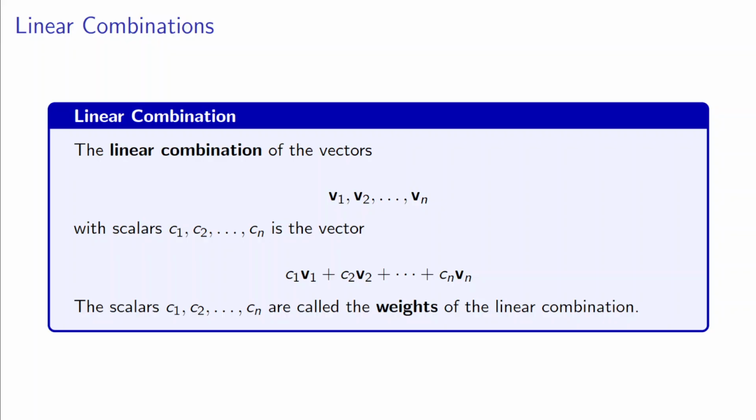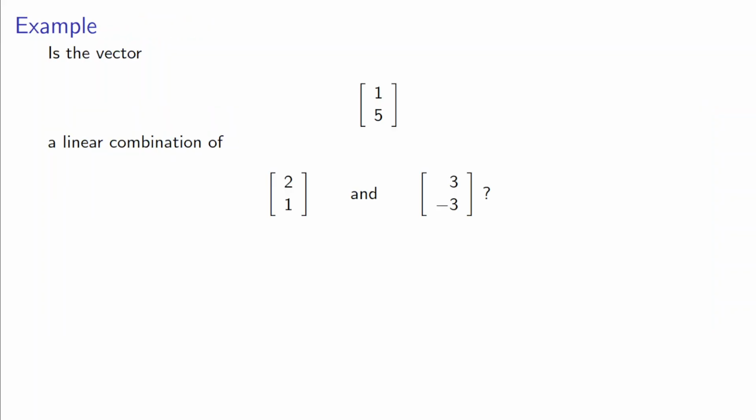They could be positive numbers, negative numbers, zero, fractions, and they can all obviously be different numbers. So this idea of a linear combination is to take a bunch of vectors and then apply the two operations that we are allowed to apply to vectors, at least so far, which are scalar multiplication and addition.